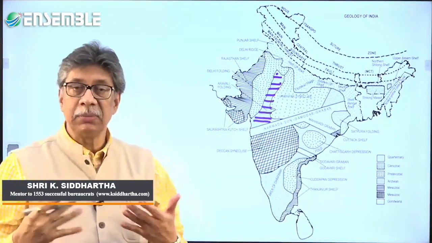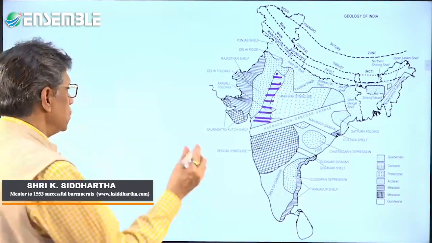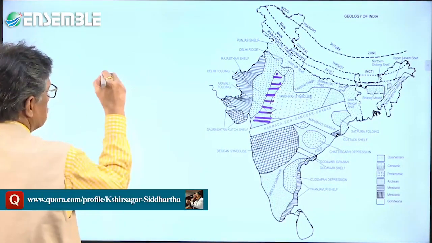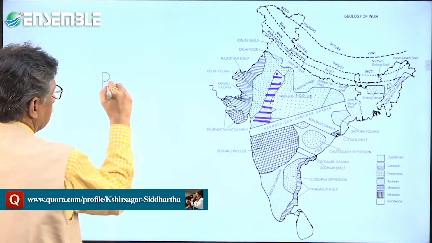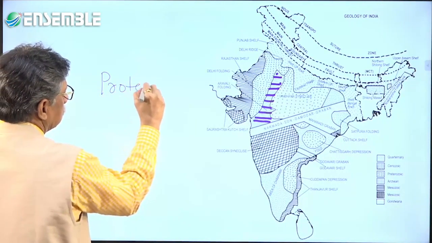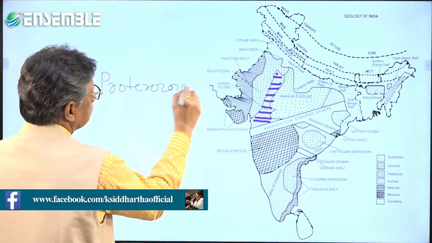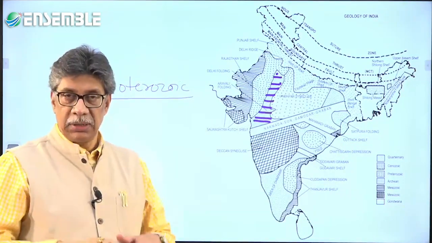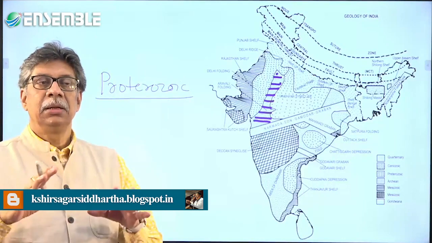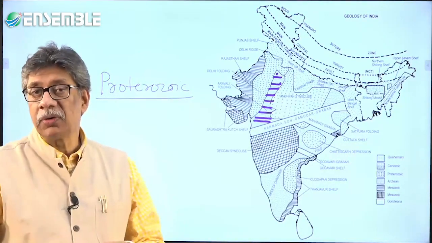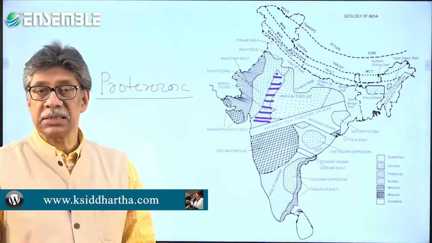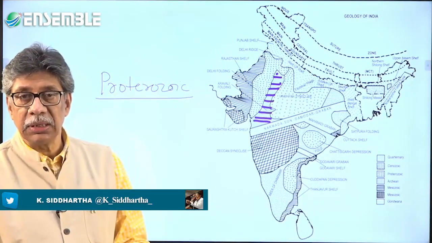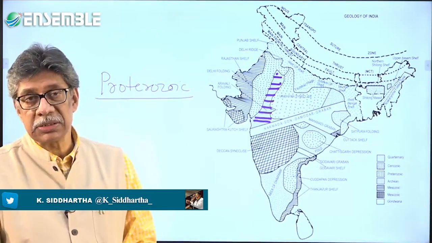Now these Aravalli mountains, by Proterozoic, by this time that we're going to be calling Proterozoic, this age, had started getting themselves eroded. Eroded means that by that time oxygen had evolved, rainfall used to be taking place, and that started eroding them. And these eroded sediments were being laid down in the form of sandstone and limestone.